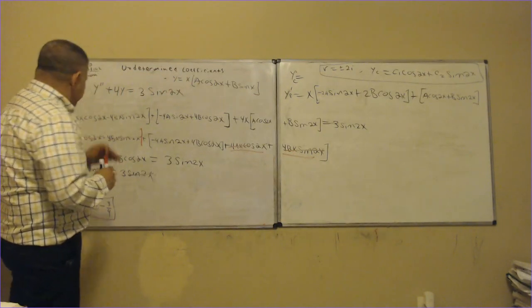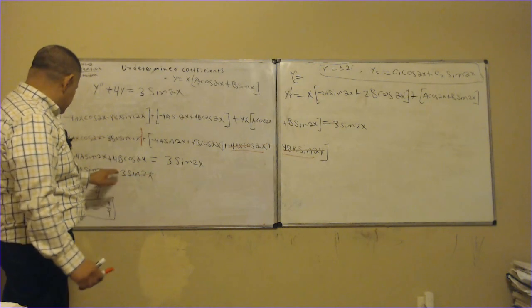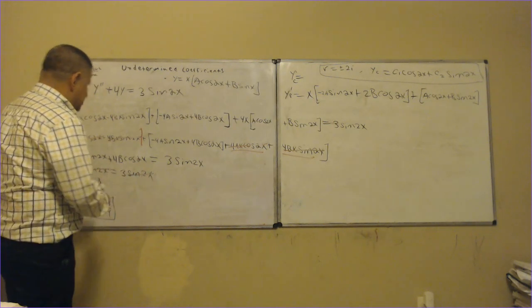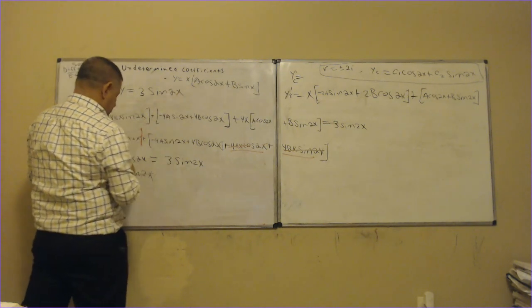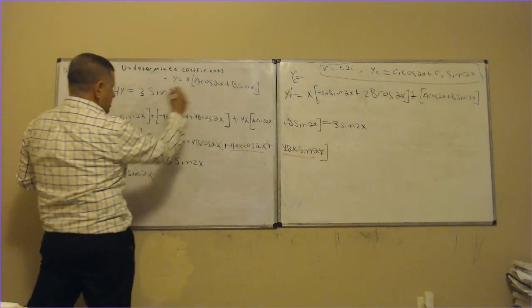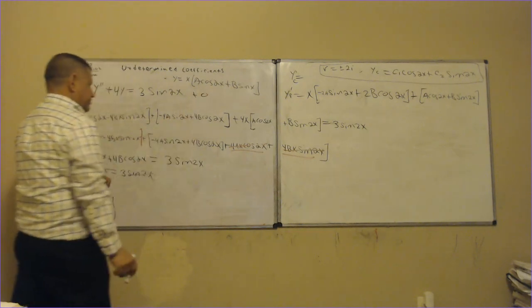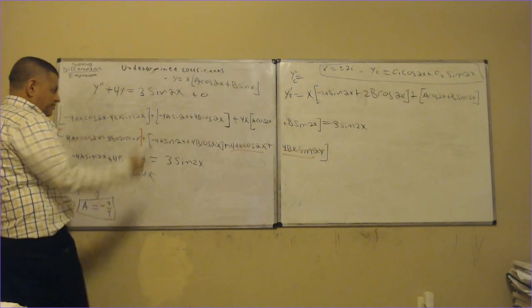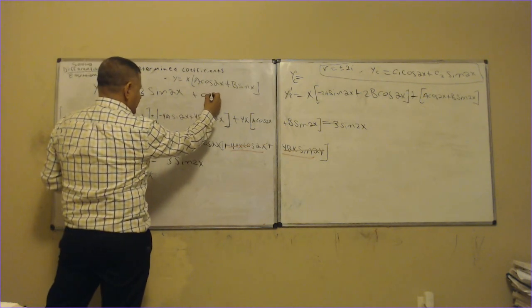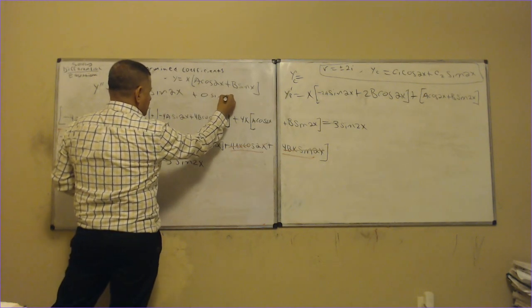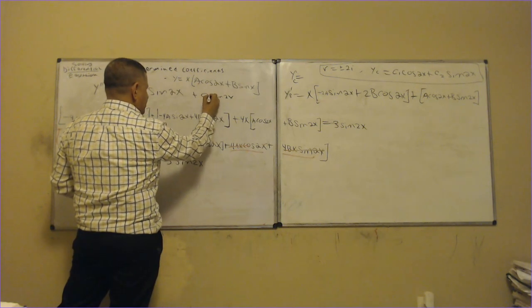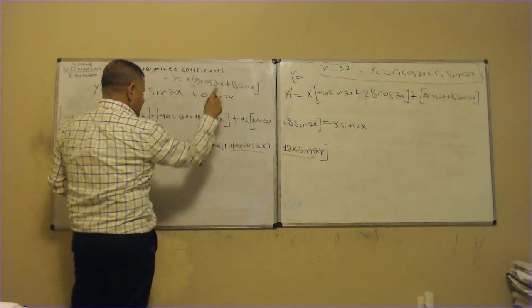So what about b? Did b even exist? No, right? Because this is just 0, so you can put 0 there. You can put 0 sine of 2x, but this is 0, and multiplying that times 0 is still 0.